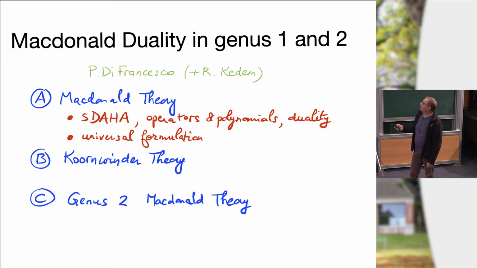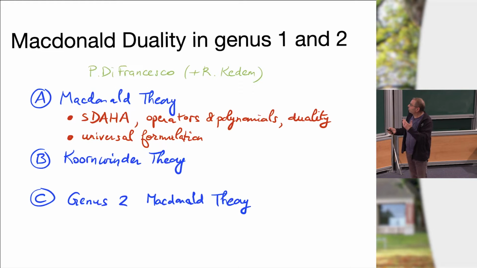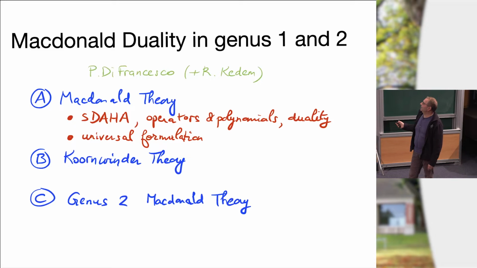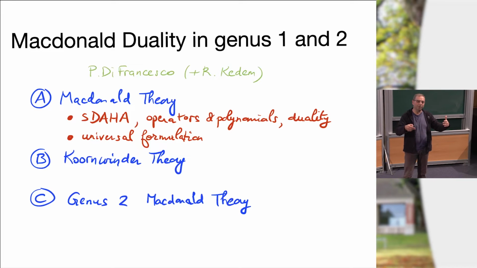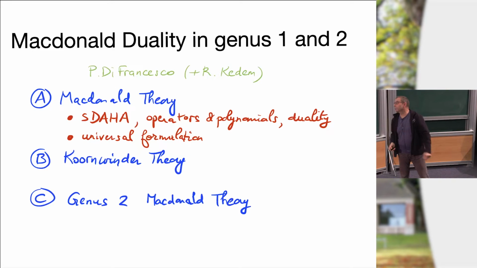And DAHA has very interesting properties, many automorphisms, and among them there's a duality. And this duality, viewed from the polynomials, is really a duality between, say, the eigenvalue equation for the polynomials and the Pieri equation for the polynomials.